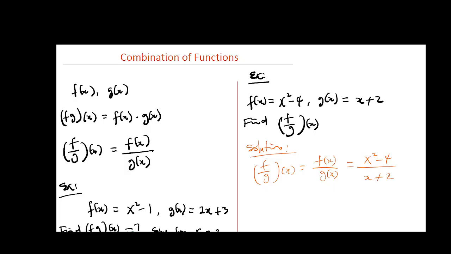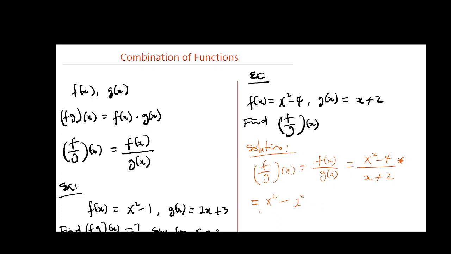If we look at the numerator here, we'll see that we can break it down further, because we can write 4 as 2 squared, 2 to the power of 2.